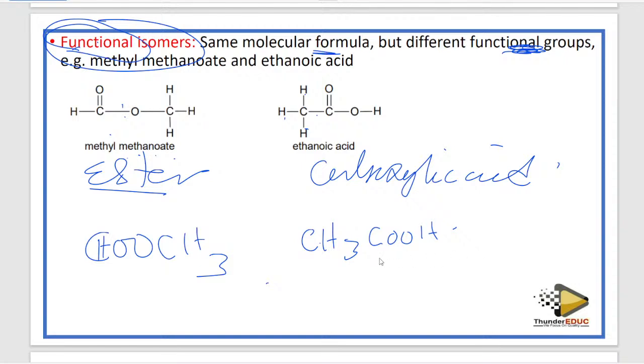Remember when I told you that in a carboxylic acid the H must be at the end, while in this one it must have carbons between. So we call them functional isomers. We will look at them in detail so that I explain it much better.